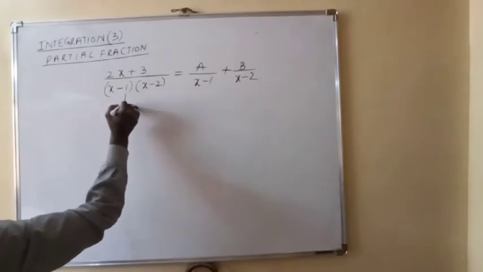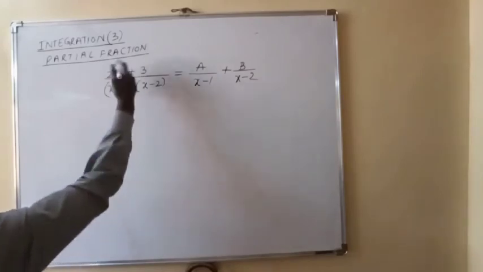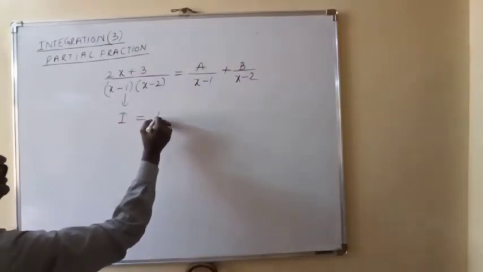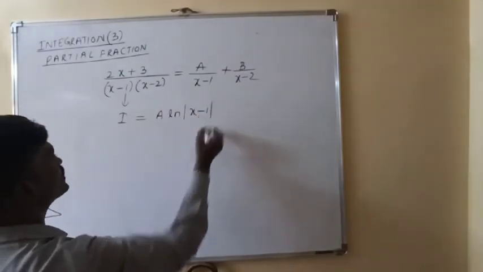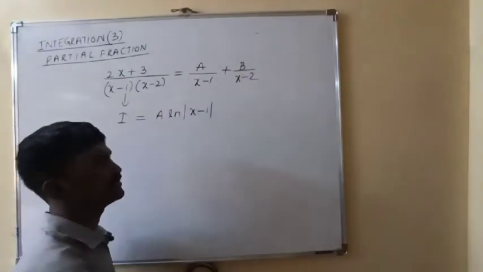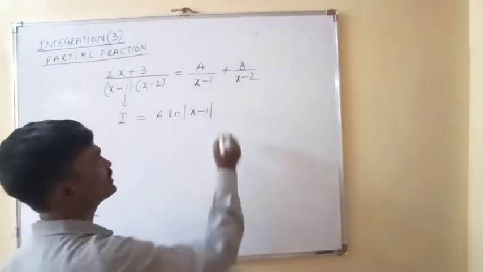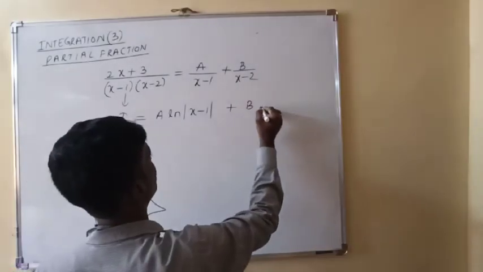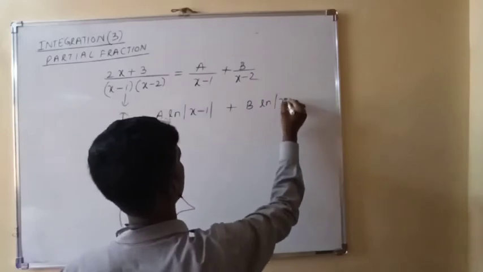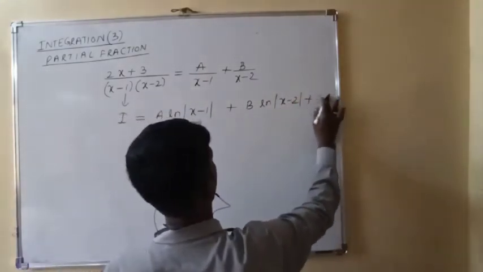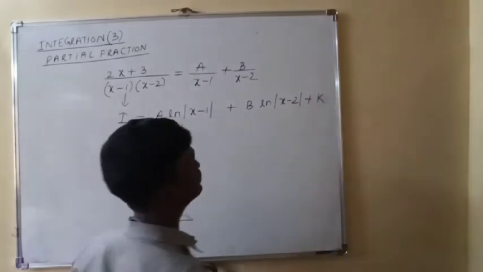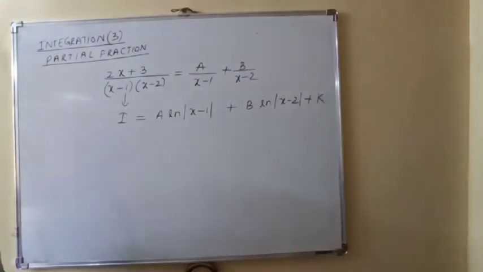Then the integral of this fraction, I am denoting it by I. The answer will be what? A into log of mod x minus 1, because the integral of A by x minus 1 is what? A into log of mod x minus 1 plus B into log of mod x minus 2 plus C. Or you remember, plus some constant, say instead of C, K. Okay, K is a constant of integration.